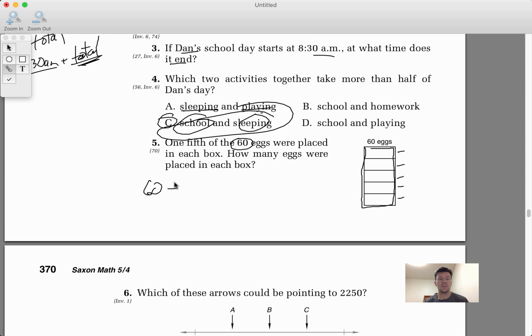So for this one, you're going to take 60 divided by 5. You can think of that in many different ways: 60 over 5, 60 times 1/5. There's lots of ways to tackle that, to figure out how many are in each of the tinier boxes if you divide them equally.